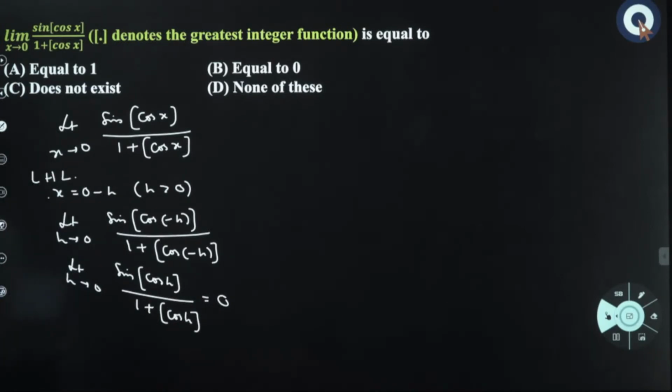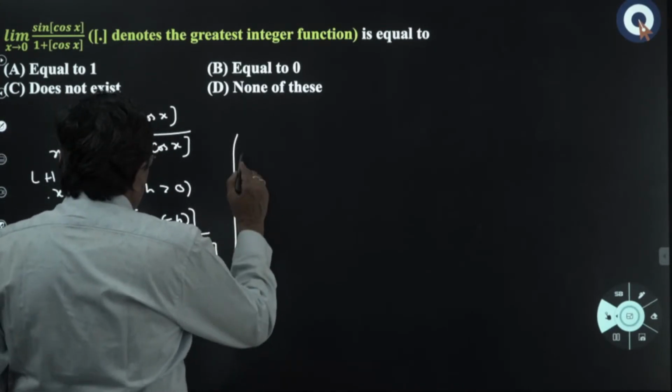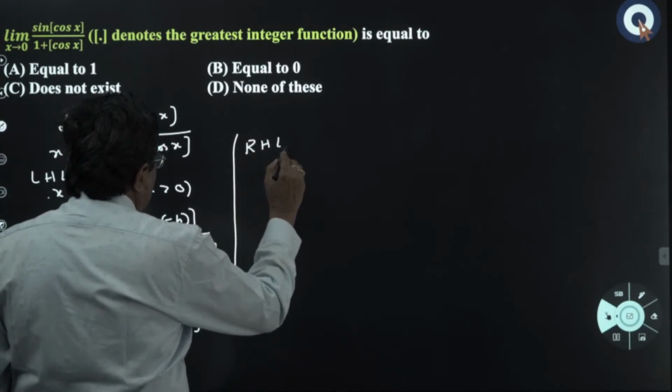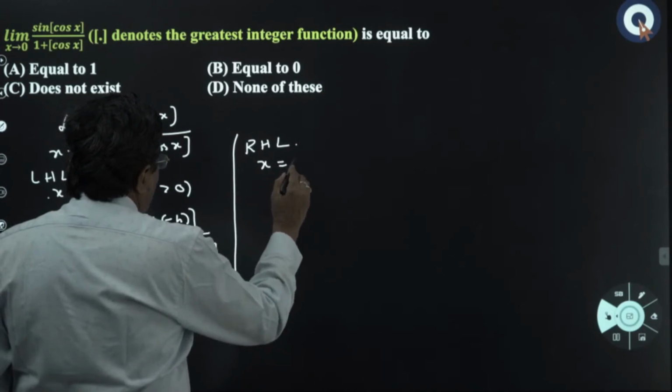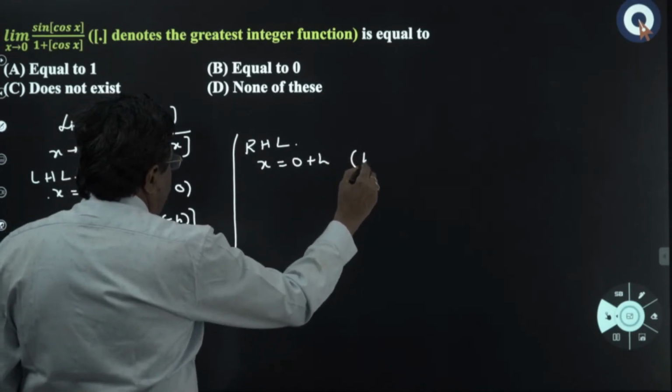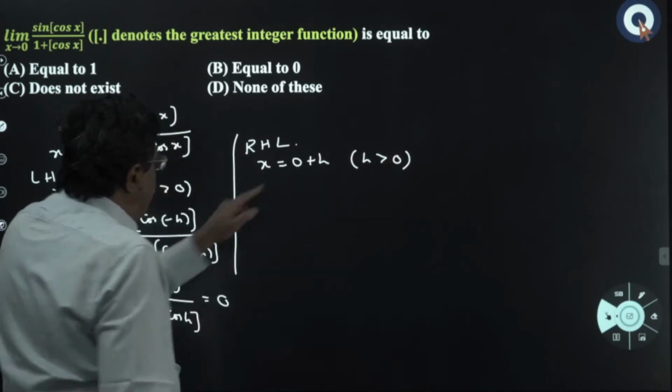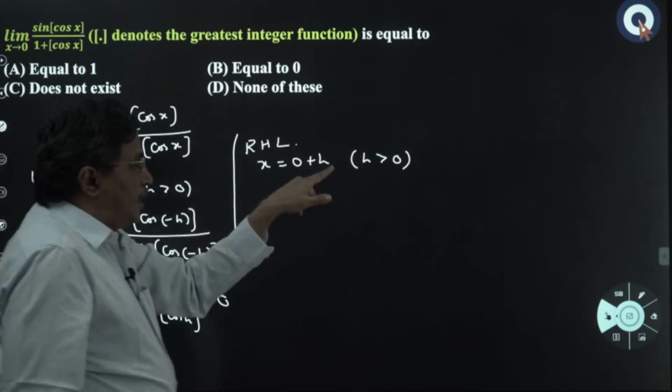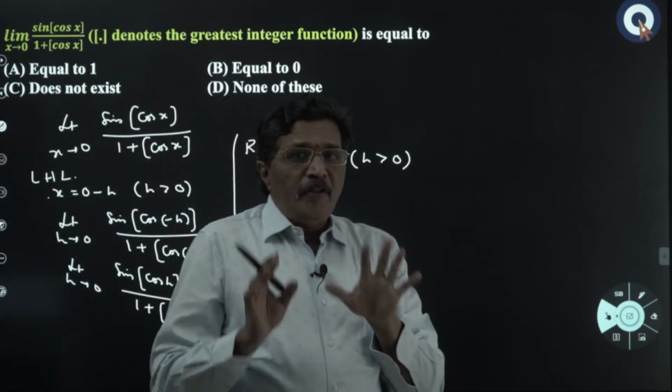So similarly the right hand limit, if you see, the right hand limit is x is equal to 0 plus h and we consider h greater than 0. Writing h greater than 0 in the bracket gives you more clarity whether h is positive or negative.